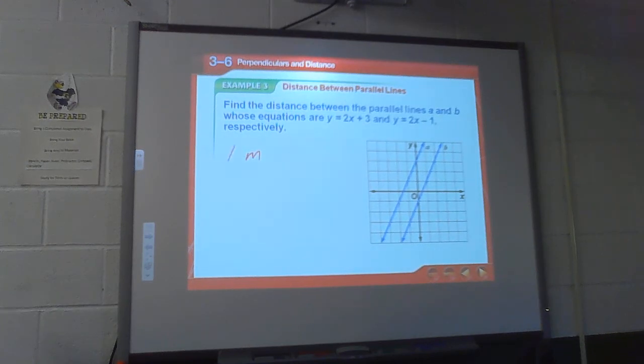So I want you to think about this before I show you. My perpendicular slope that I'm going to use is what Con said, -1/2. Where would be the easiest place for me to figure this out from on one of my lines that are provided? Where it crosses, right? So I'm either going to pick for A, probably this point right here, or I could pick right here.